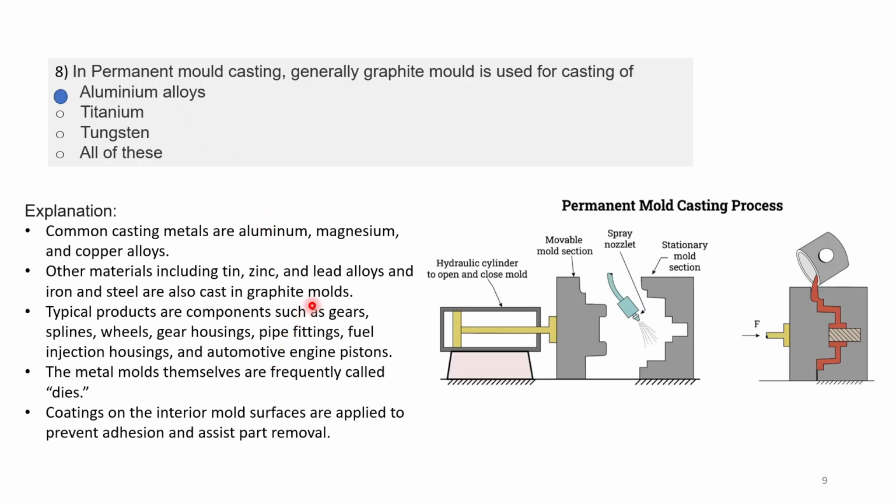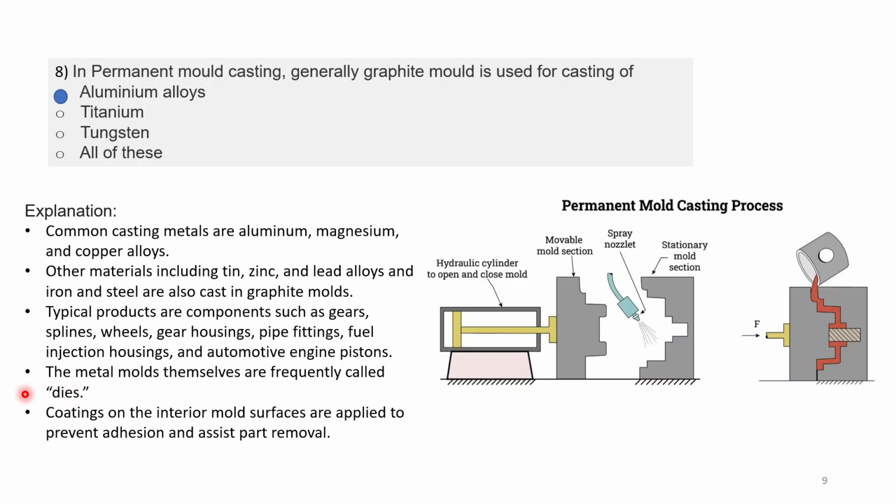Common casting metals are aluminum, magnesium and copper alloys. Some other materials include tin, zinc and lead alloys, which also have very low melting temperatures. Iron and steel can also be cast in graphite molds.